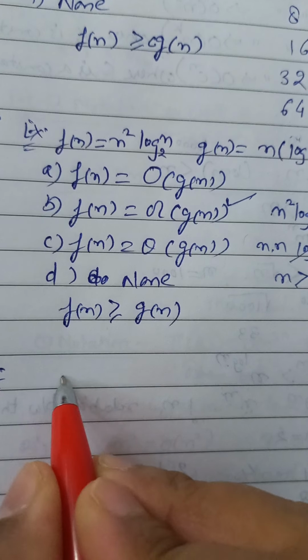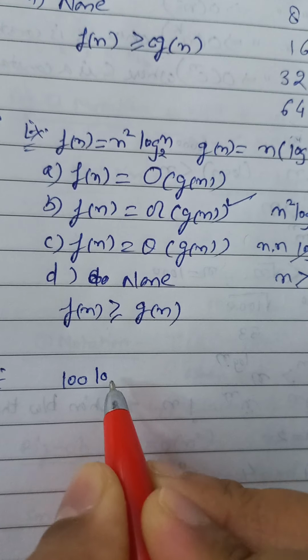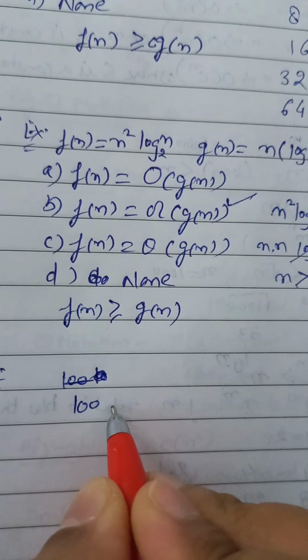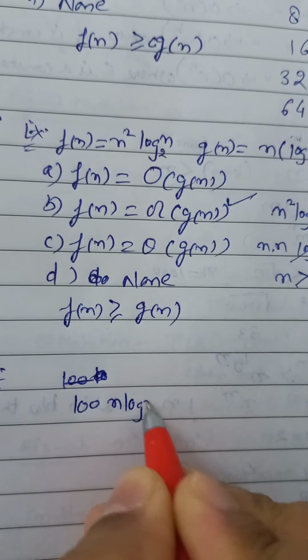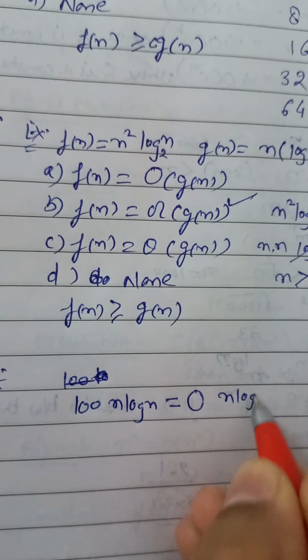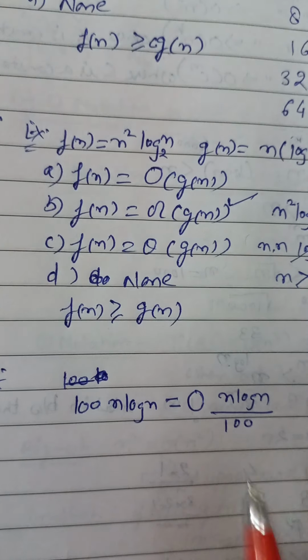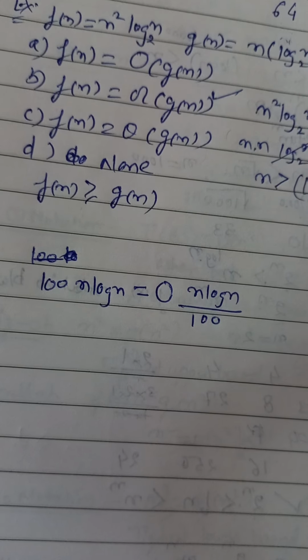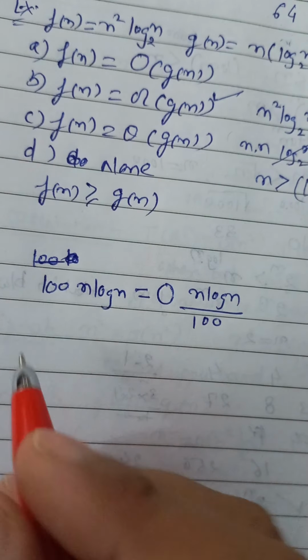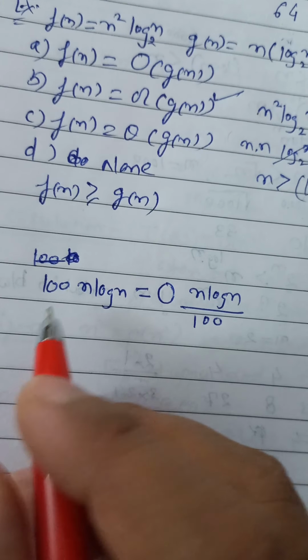Suppose we have 100 n log n = O(n log n / 100), and we need to find out the relationship between them. How can we write it?